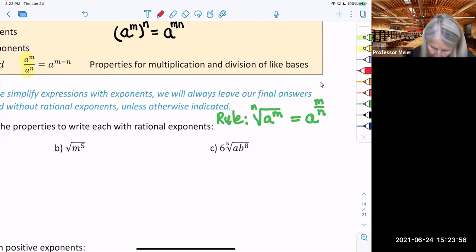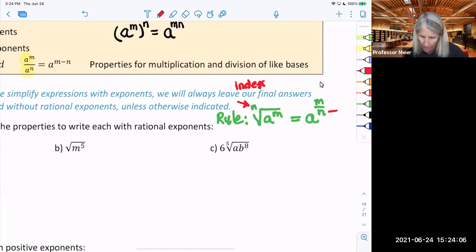So the n here, that's what we refer to as the index of the radical. So I'll use that term. So the index, if you notice, goes on the bottom of the fraction. Okay, so we have an index there.